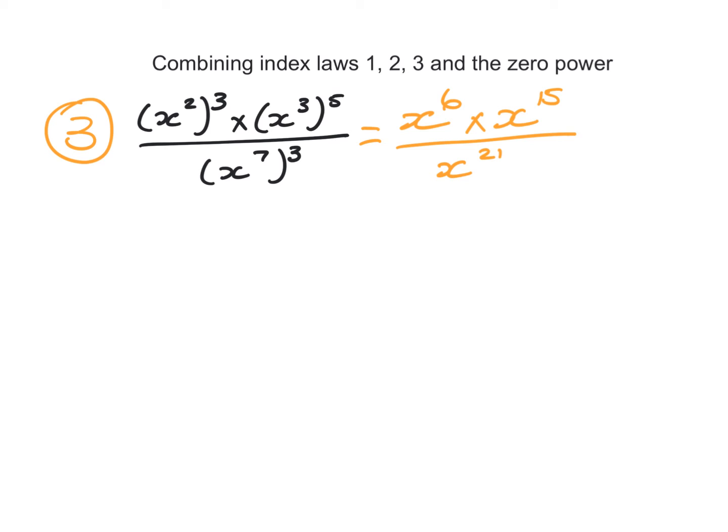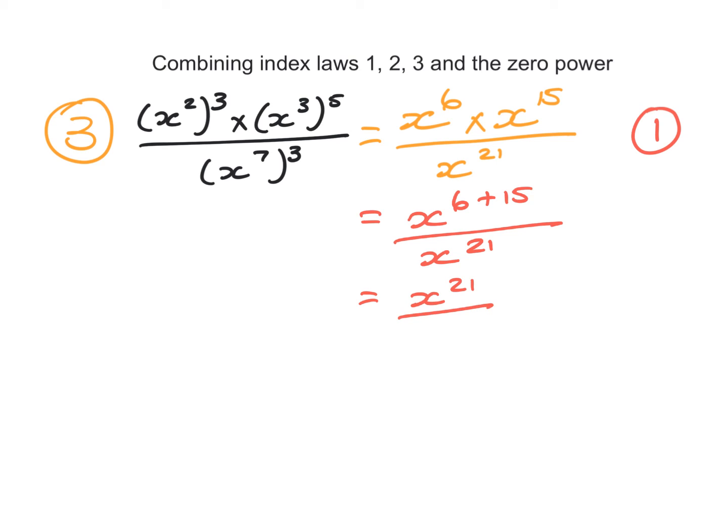Next, I'm going to use index law number 1, which allows me to add these two indices together, because we are multiplying. So I will have x to the power of 6 plus 15 all over x to the power of 21, and that gives me x to the 21 over x to the 21.